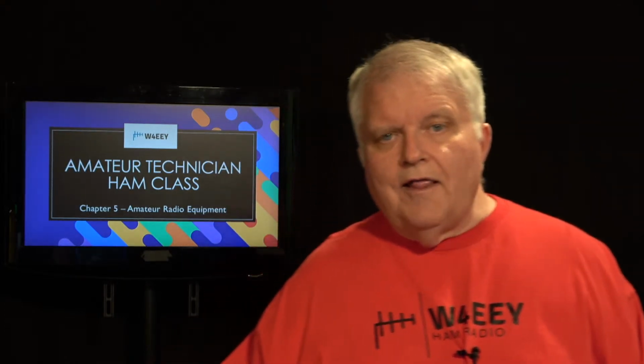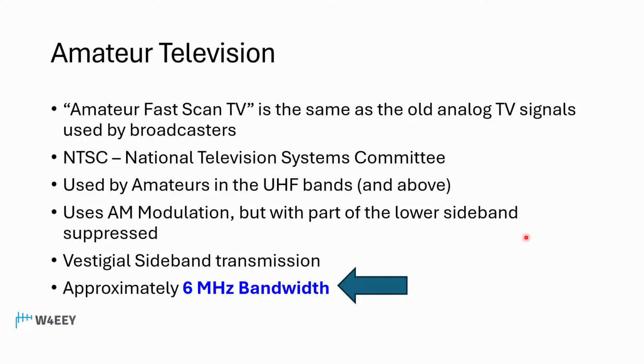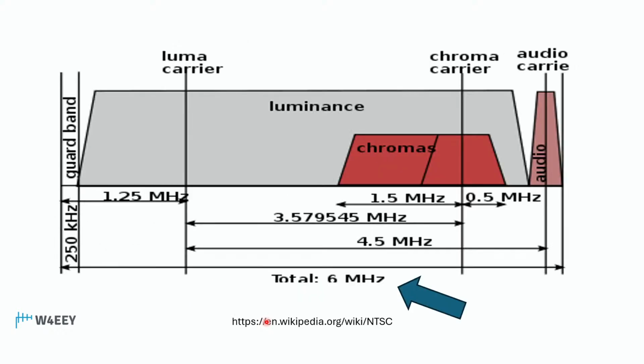Amateur television still uses the same analog standard that we use for broadcasting. It's called the NTSC standard, National Television Systems Committee, and its bandwidth is really big. We were talking about 150 hertz, 3 kilohertz, 6 kilohertz, 10 to 15 kilohertz. Now we're talking 6 megahertz of bandwidth, because a fast scan television signal is an AM signal, believe it or not, with a carrier right here, but the sidebands are not symmetrical.